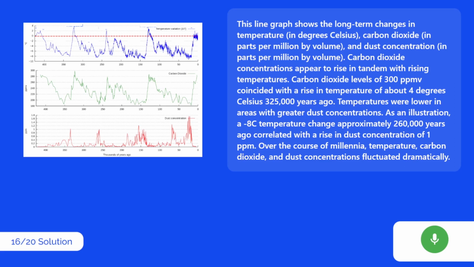Temperatures were lower in areas with greater dust concentrations. As an illustration, an 8 degrees Celsius temperature change approximately 260,000 years ago correlated with a rise in dust concentration of 1 ppm. Over the course of millennia, temperature, carbon dioxide, and dust concentrations fluctuated dramatically.